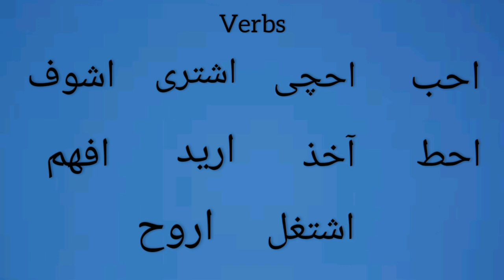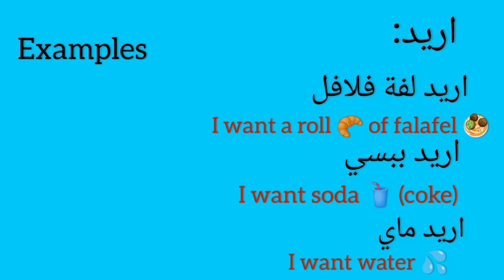And the next verb, أريد. This one is one of the most common verbs in Arabic. أريد basically means I want. For example, أريد لفة فلافل. I want a roll of falafel. أريد بيبسي.